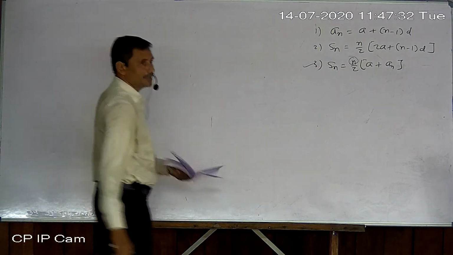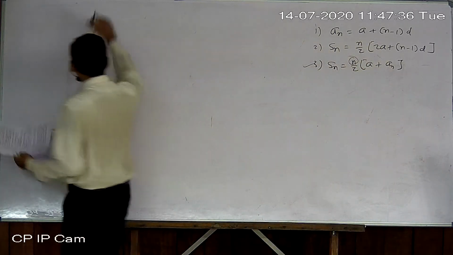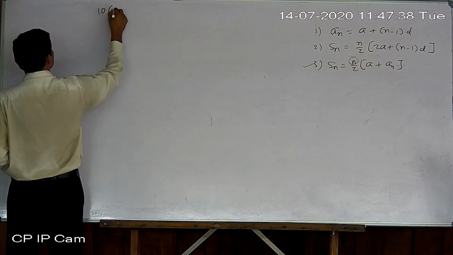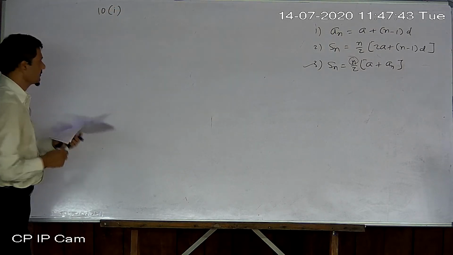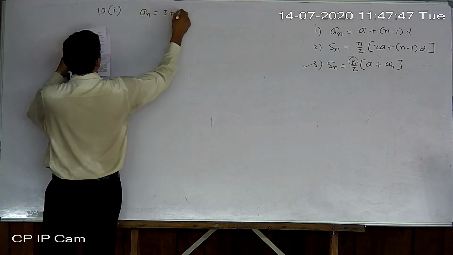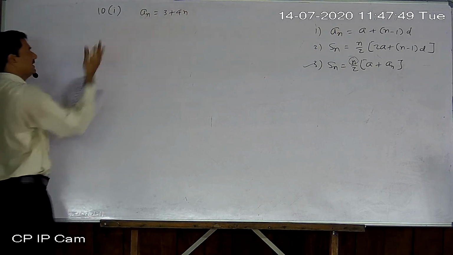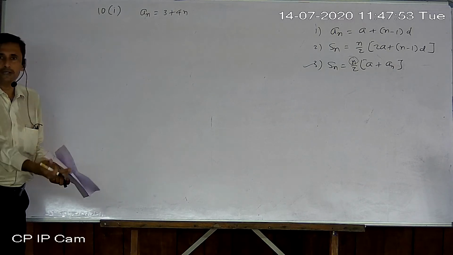Now number 10, first one. Whatever is given, An equal to 3 plus 4n. Very easily, just find out the place value of n.